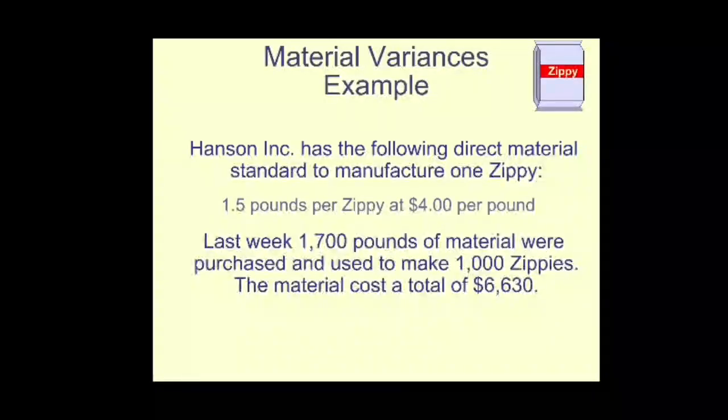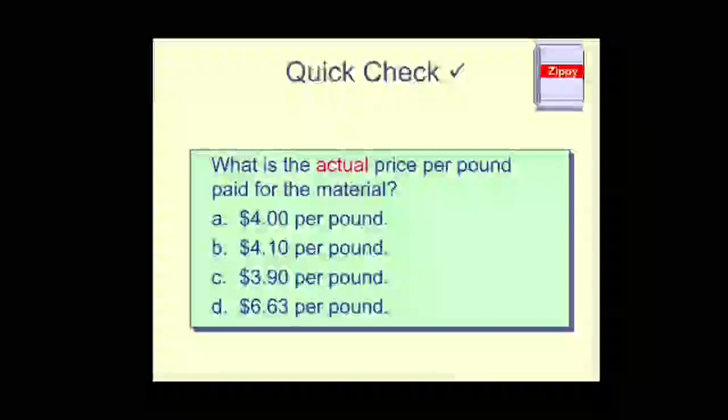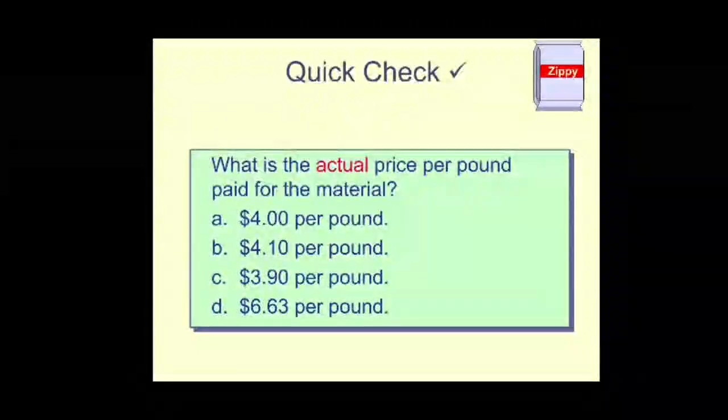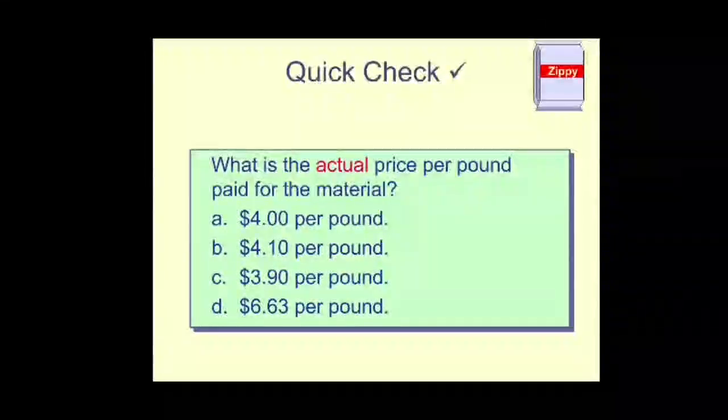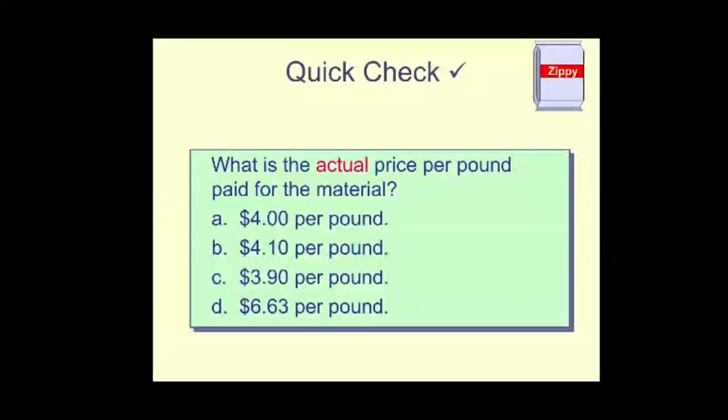The actual data is that last week 1,700 pounds of material were purchased and used to make 1,000 ZPs. The material cost a total of $6,630. Remember, for material, you have to know how to calculate the material price variance and also the material quantity variance.